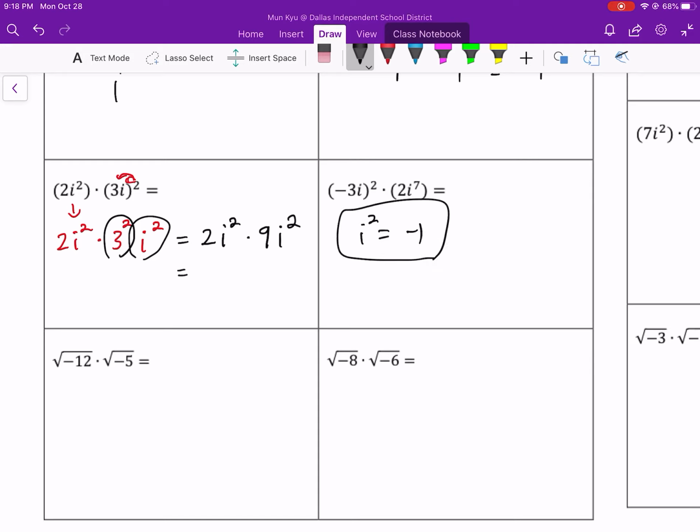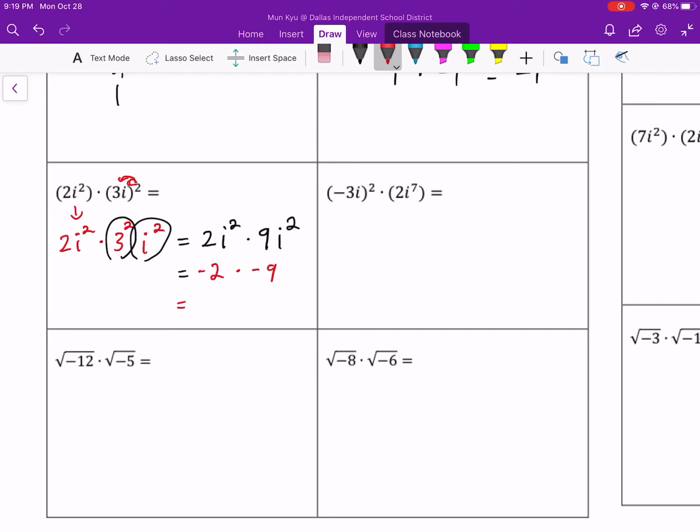Just don't forget about this. So this one is the same as 2 times -1, which is -2, times 9 times -1, which is -9. Again, -2 times -9 is going to be positive 18. Easy peasy.